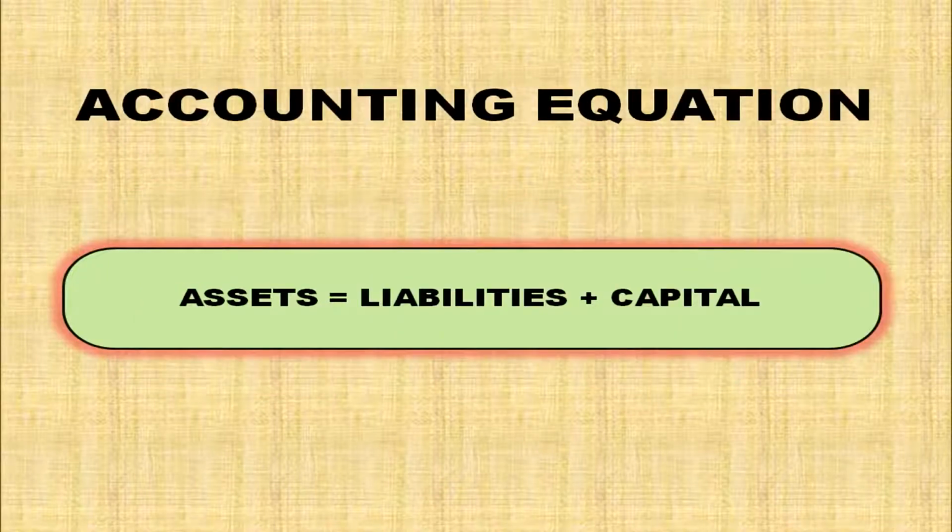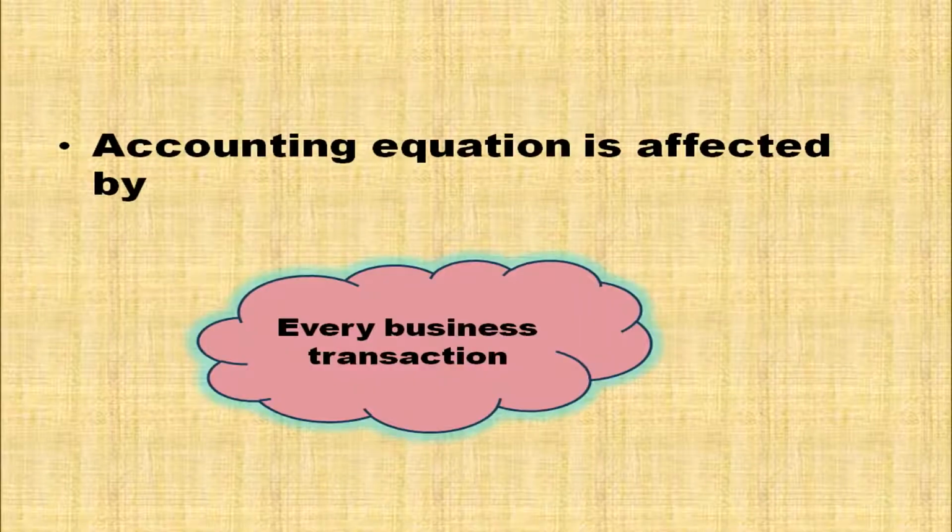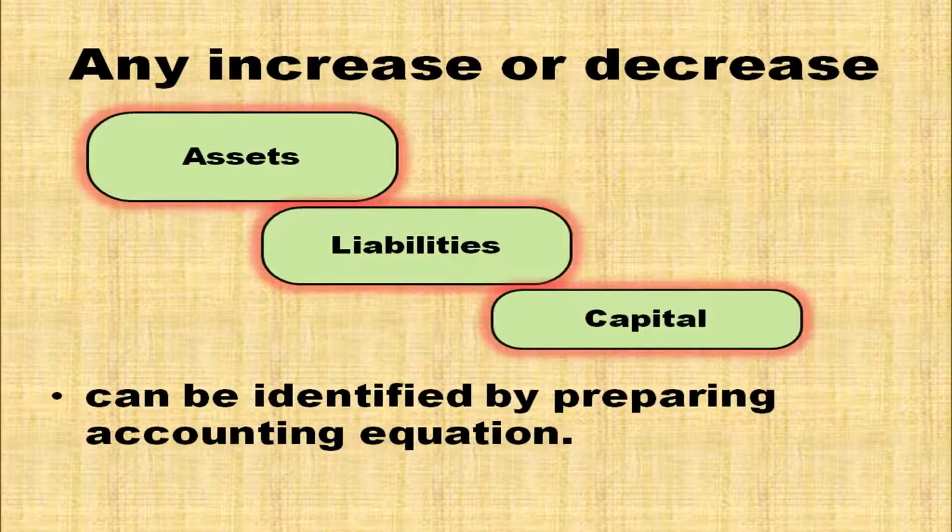Once again, the accounting equation is expressed as assets equals liabilities plus capital. The accounting equation is affected by every business transaction. Any increase or decrease in the assets or liabilities or capital can be identified by preparing the accounting equation.